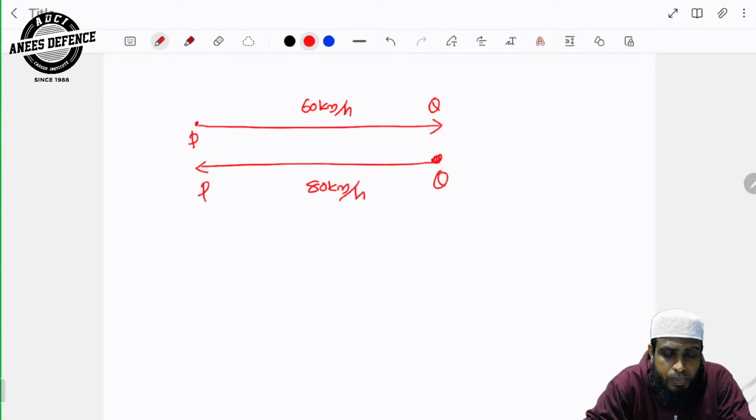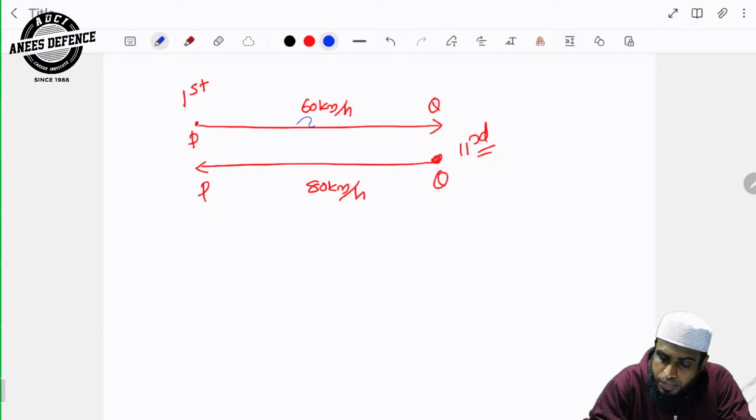When they met, the second person traveled 100 kilometers more than the first person. So this is the first person and this is the second person. They are meeting at a point.